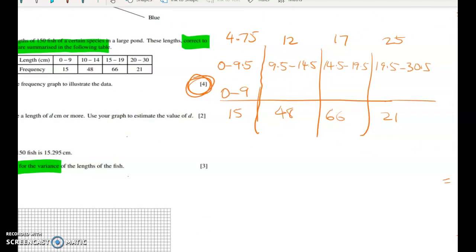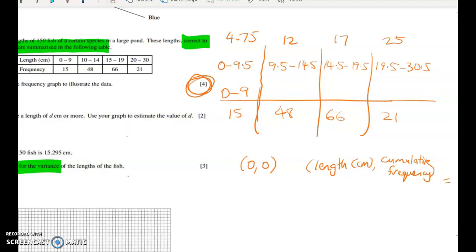So the first point is going to be at the start. Point 1 is going to be at 0, and there are 0 fish there. Right, and these axes are going to show me the length. So the x coordinate is going to be the length in centimetres, and then the y-axis is going to show me the cumulative frequency. In other words, how many fish are below that height.